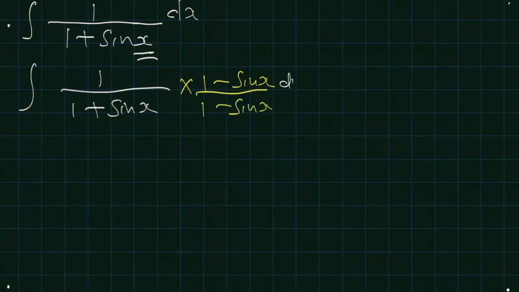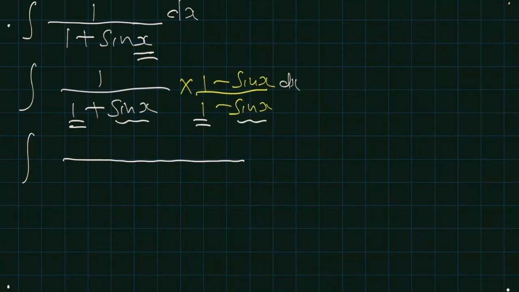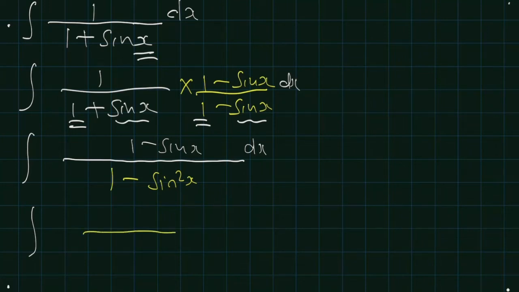Now the denominator will have 1 plus sin x and 1 minus sin x, which is in the form of (a plus b)(a minus b). I am going to write this as a square minus b square, that is 1 minus sin square x. The numerator we keep as it is, 1 minus sin x, without any change. Instead of 1 minus sin square x, I write cos square x in the denominator.